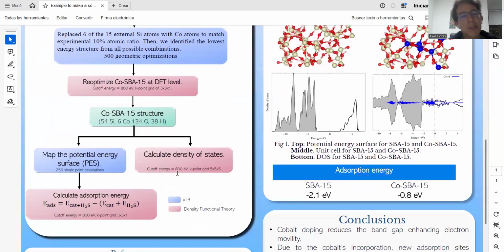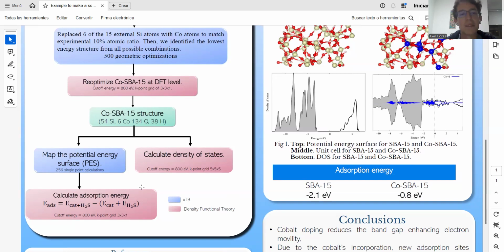Now, due to how we are going to calculate the adsorption energy, we take the lowest energy of the catalyst structure, the lowest energy of the hydrogen sulfide structure, and also the lowest energy of this system combined, I mean, the catalyst plus the adsorbate.